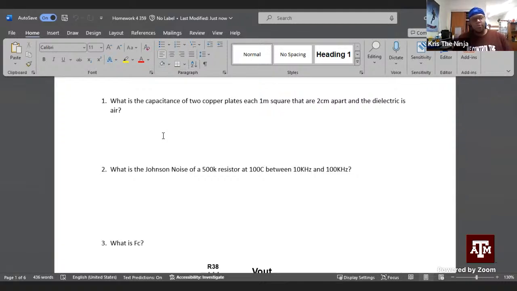Shoot, I forgot what the capacitance equation is. But fortunately, I'm pretty sure I taught this before, because your boy is just a super genius. That's a lie. I'm not a super genius, but I do write down a lot of stuff all the time.